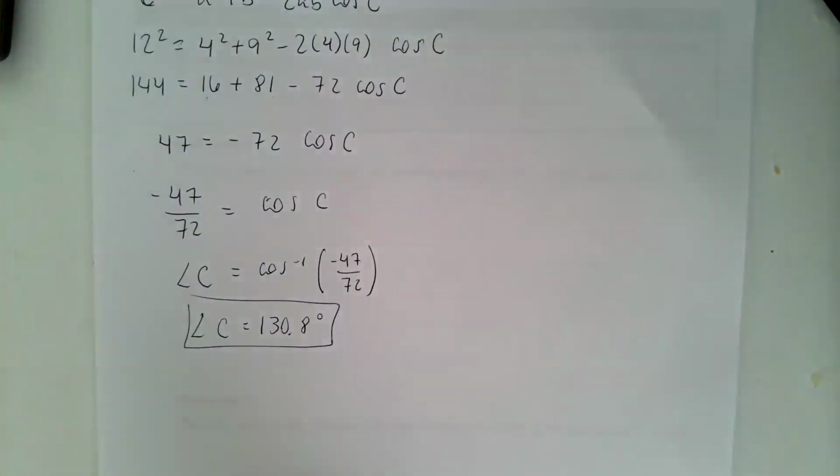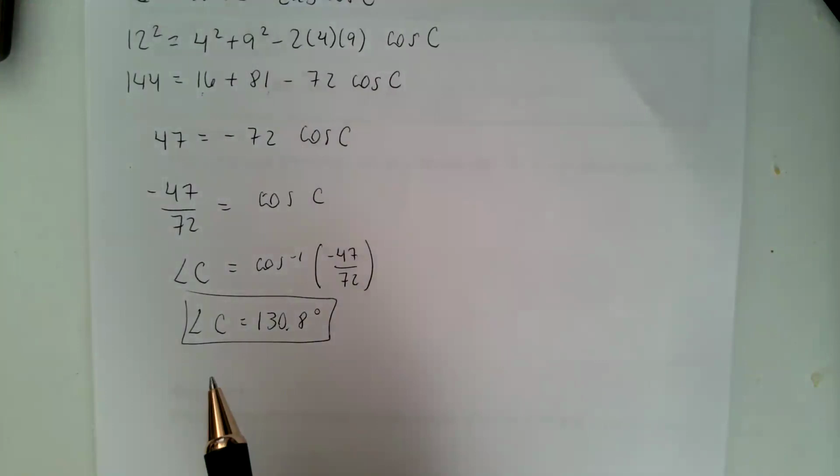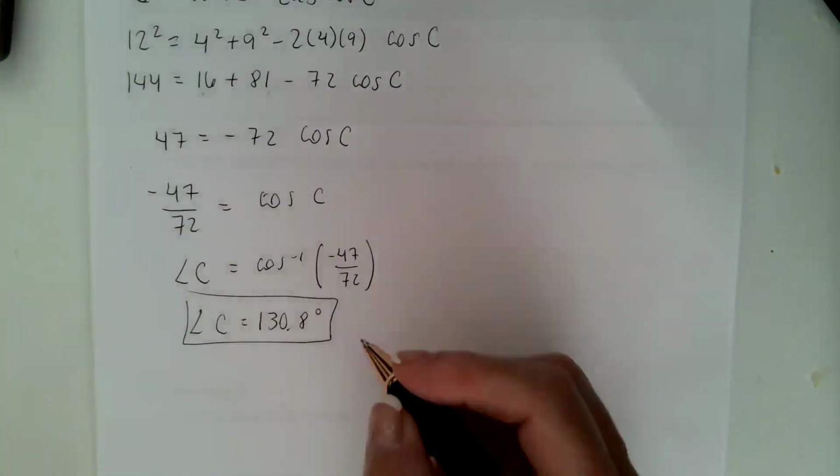Now that we know that, we can use that angle and the law of cosines to find one of the other angles, and then we can subtract from 180.